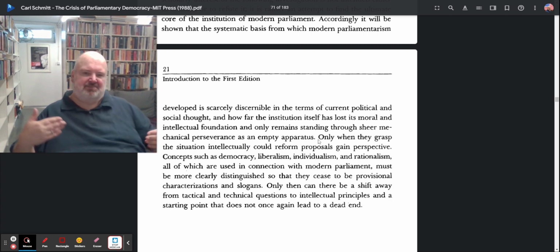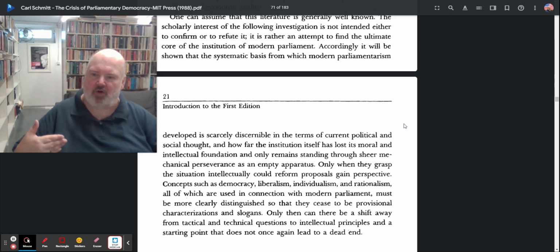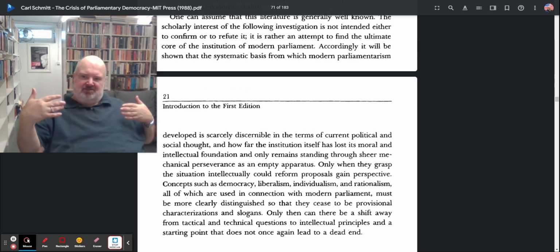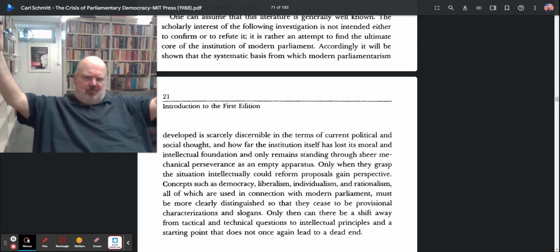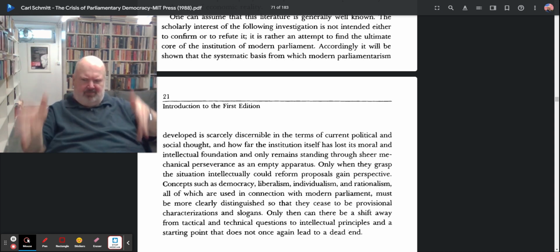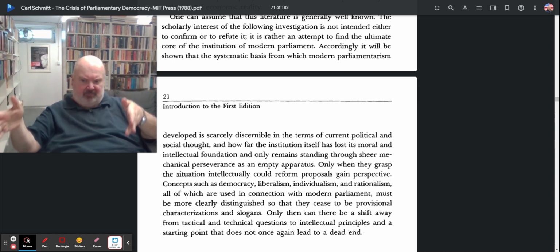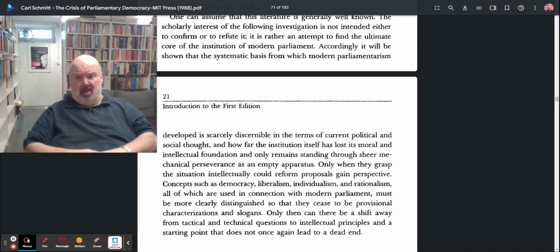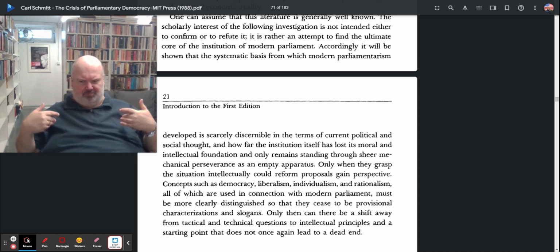So Schmitt's point is very interesting. He wants to know what the core is. In other words, he's not interested in saying these criticisms are wrong. He wants to know, okay, what is the core of parliamentary structure and parliamentary government, the parliamentary legislative state? And his argument is, well, there is none. It's a hollow thing. What remains justifying it is not its own moral or intellectual principle.